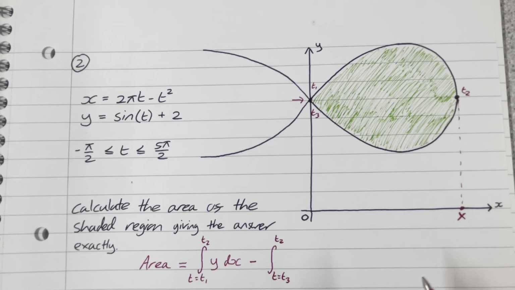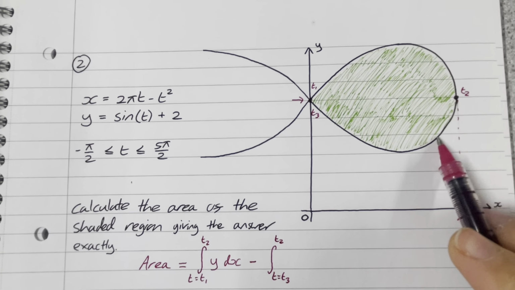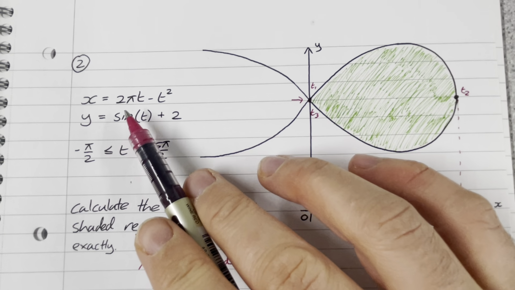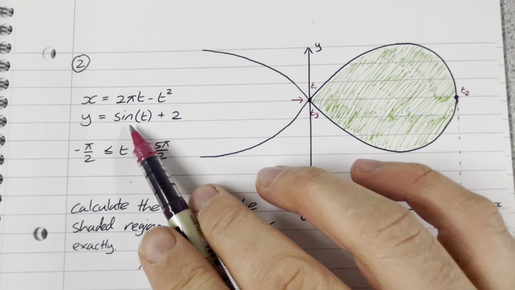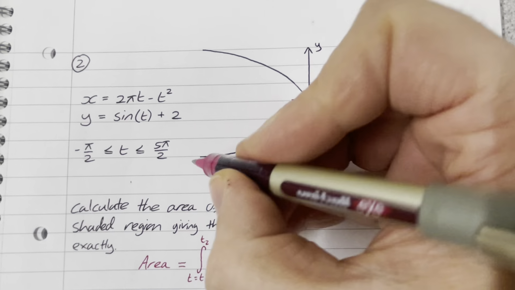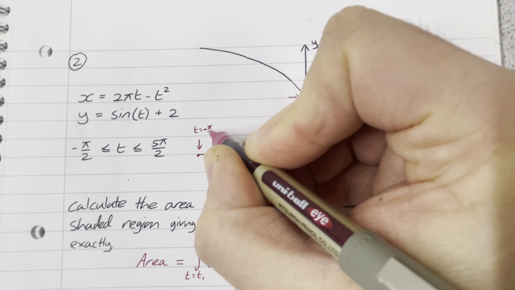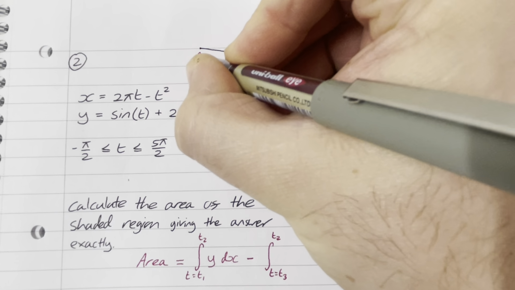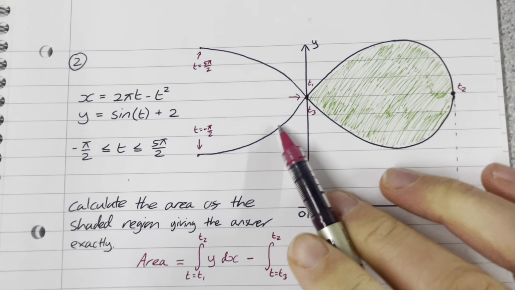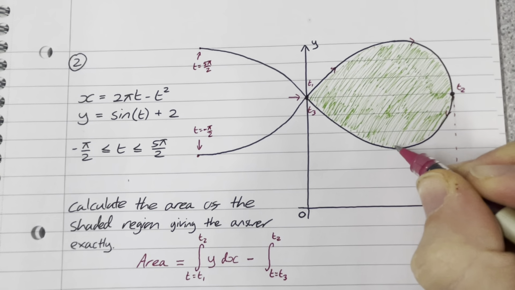And this is also important. It's tempting to do t2 to t3, but the problem is that's going backwards in the x direction. If you follow the values here, as t increases, this point is t equals minus pi on 2, and this point here is t equals 5 pi on 2. So as you follow the curve round, the t values increase, meaning you're going this way.